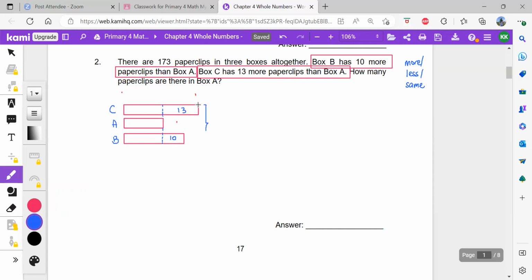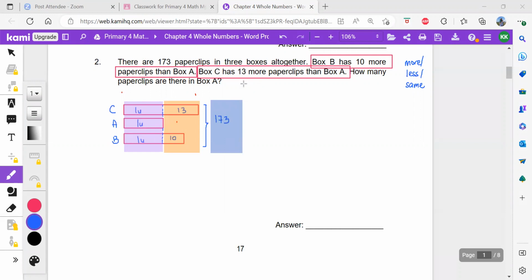And they have a total of 173 paper clips. And this will be just 1 unit, 1 unit, 1 unit. Okay, so looking at this, I know that these 3 units plus this 13 and plus this 10 total will give me 173.